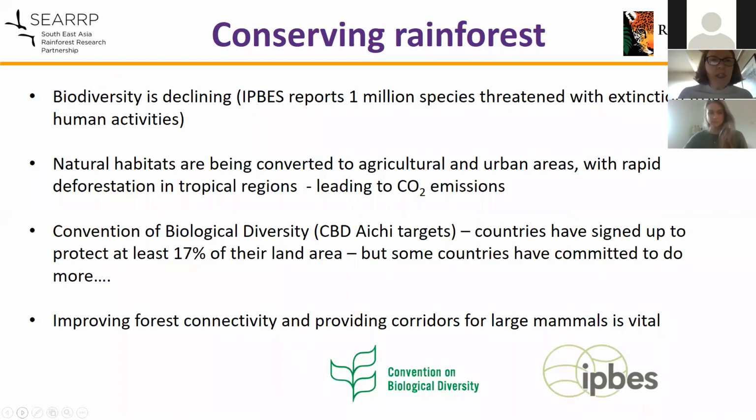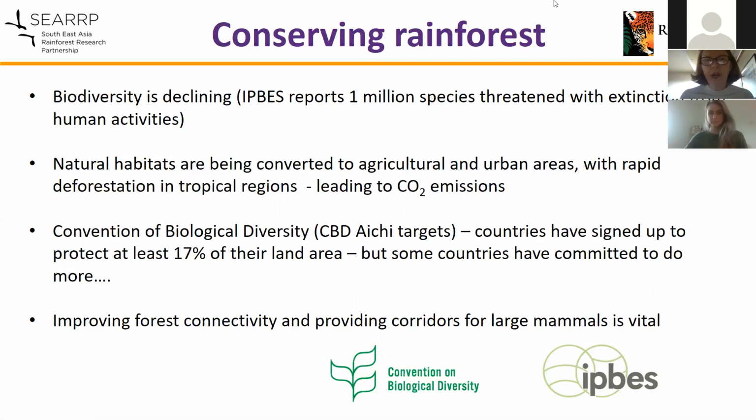Just to put it into a broader context where this piece of research and this paper is coming from, it's all about thinking about which bits of habitat to conserve and why, where and how much to conserve. So this is just to remind you, as I'm sure you are well aware, that biodiversity is in decline. And a recent IPBES report pointed out that about 1 million species may be threatened with extinction as a result of the activities that we carry out.